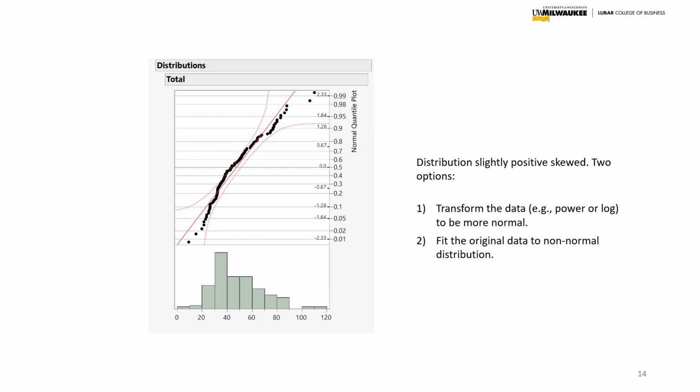We have a couple options. One, we can transform the data. For example, take the data to some power or log the data to make the data more normal and then analyze from there. Or we can fit the original data to a non-normal distribution. I'm going to do the second one just to show you some neat capabilities in JMP.